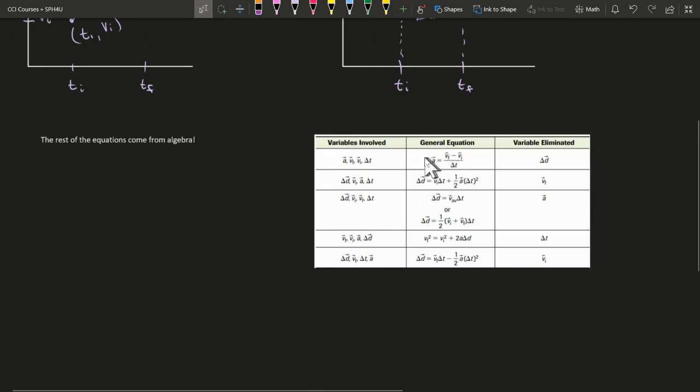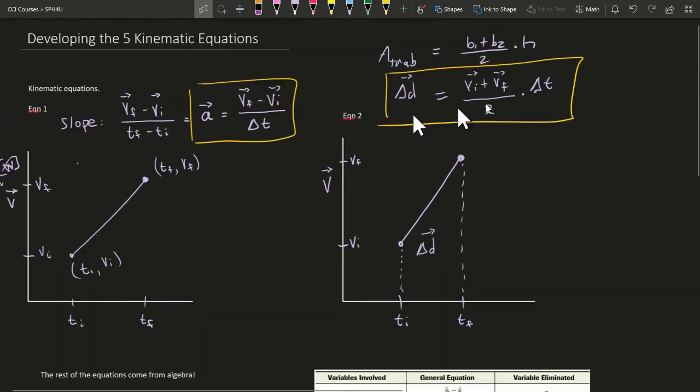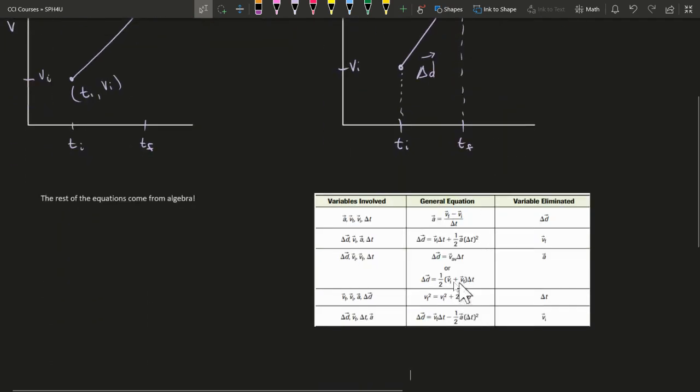So for example, here's the first one, right? And here's the other one that I have. Well, it's written a bit differently. The change in position is half of the sum of the velocities times time. I tend to write it like this, but we can also write it like this, okay?